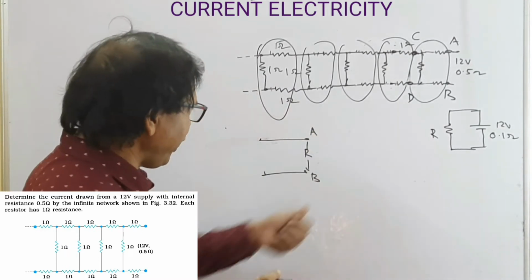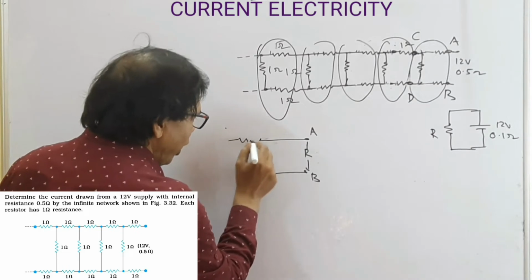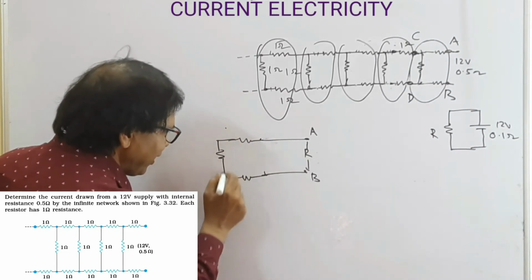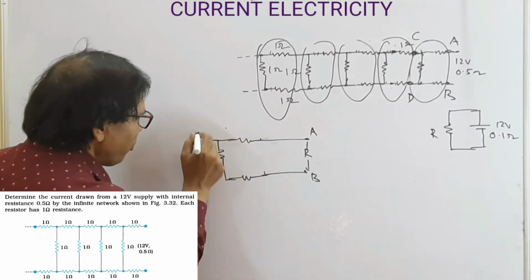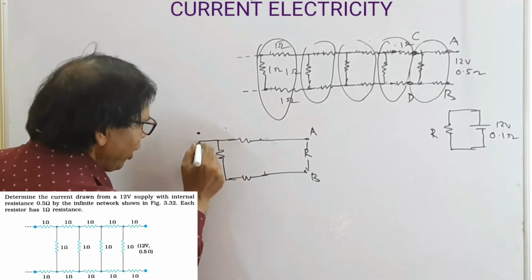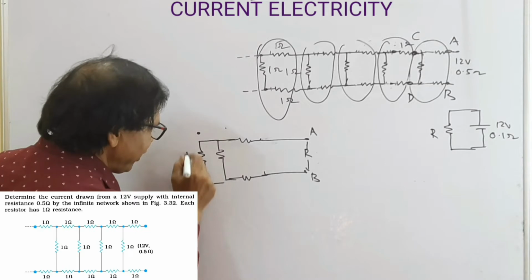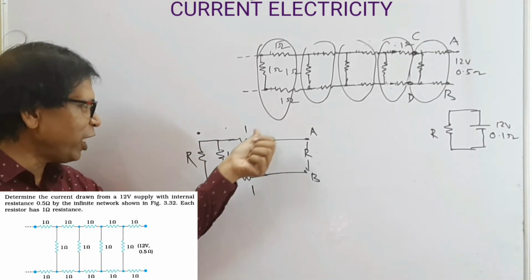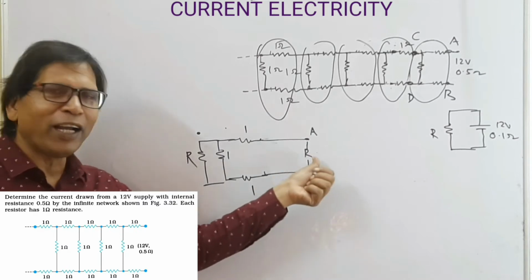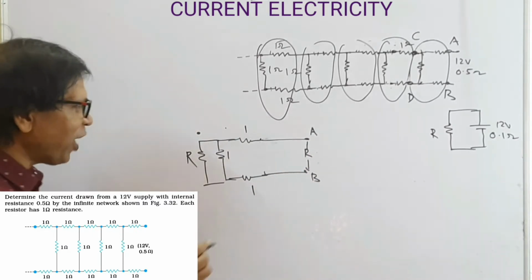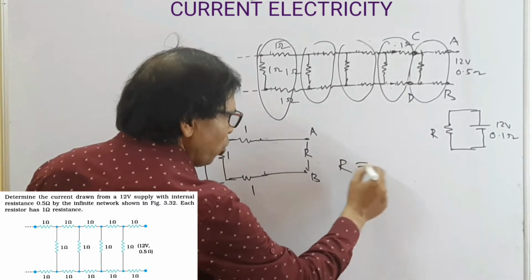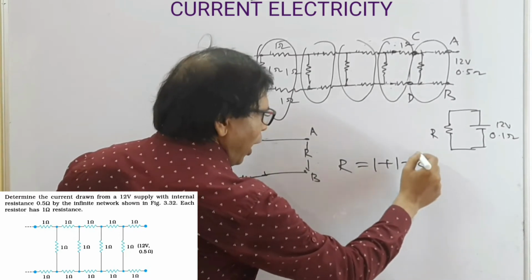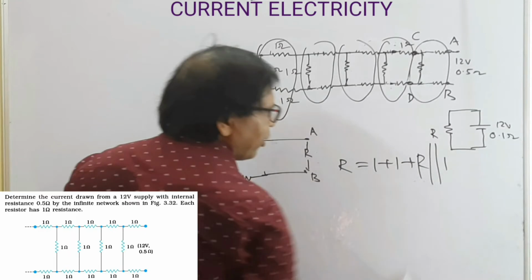Now look at this, this is 1 ohm, this is 1 ohm, and this is 1 ohm, and here are point C and point D. The equivalent resistance here is R ohm, in parallel with 1 ohm, in series with 1 and 1, combined to give R. So R is equal to 1 plus 1 plus R parallel 1.